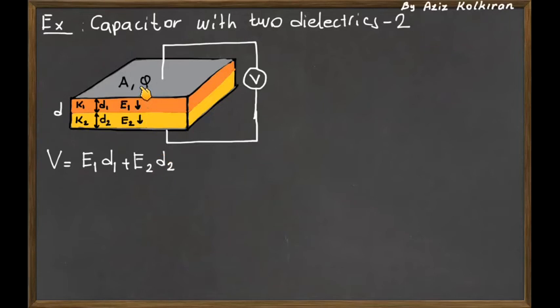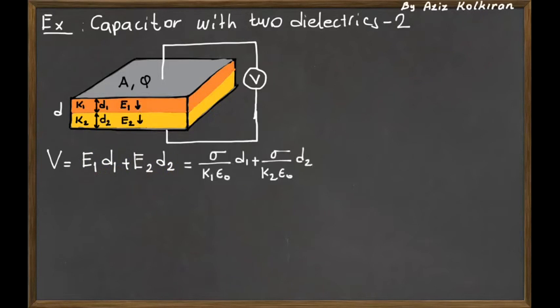Because if you go from one point on the upper plate to another point on the lower plate, you will cross the first dielectric, which has thickness D1, and multiplying by its E1 you will calculate the potential drop inside this first dielectric, and E2 times D2 will be the potential drop inside the second dielectric. So the total potential difference may be expressed in terms of the thicknesses and the electric fields inside these dielectrics.